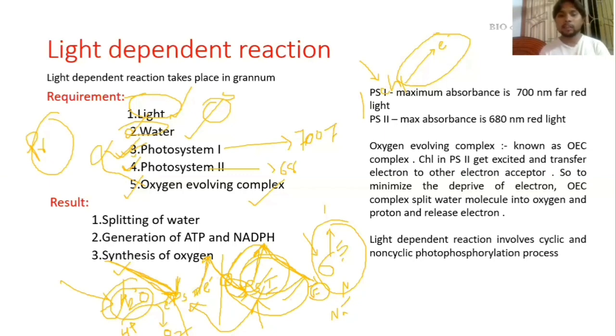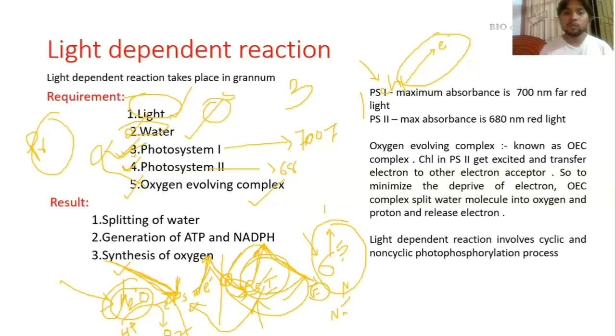So in non-cyclic and cyclic photophosphorylation, one more piece of information for the photosynthesis process is that the ratio of ATP and NADPH that is produced is 3:2. Three molecules of ATP and 2 molecules of NADPH should be generated.